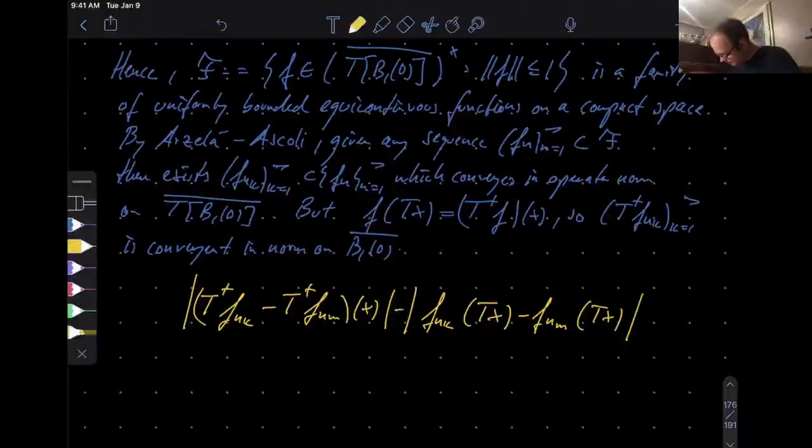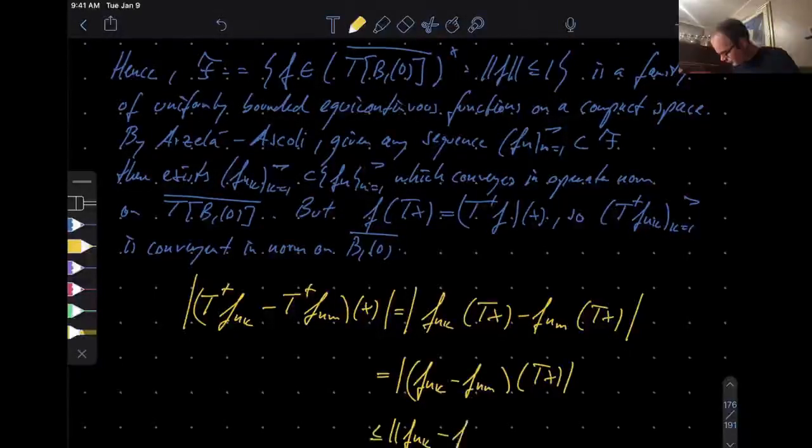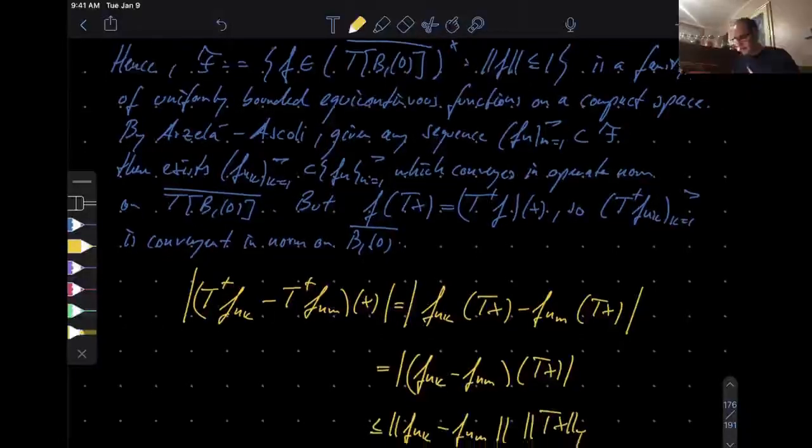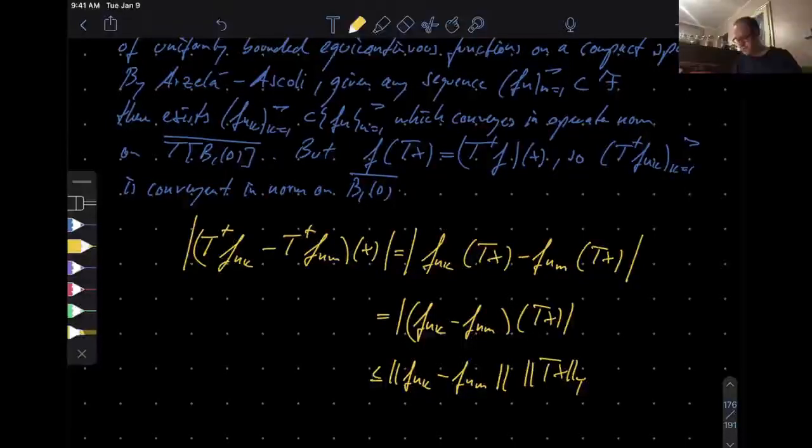So now you can still do the same trick, (f_{n_k} minus f_{n_m})(Tx), that you estimate by the operator norm of f_{n_k} minus f_{n_m}, and then the norm of T of x, right? But remember, x is on the closed unit ball, and this is going to be bounded, and it's independent of the large variables to begin with, right? So when k and m go to infinity, you have excellent control over the right-hand side. Hence, you have control over the left-hand side, and this for any x in the closed unit ball, right?